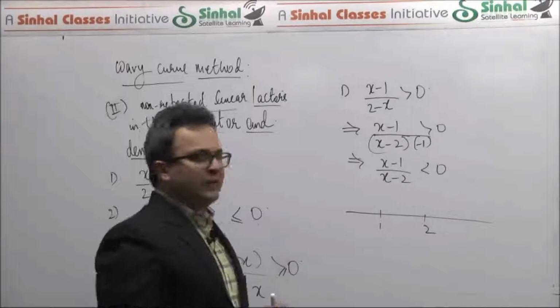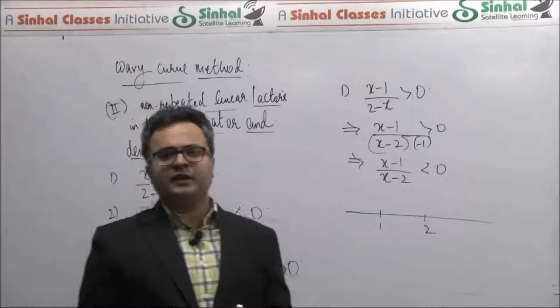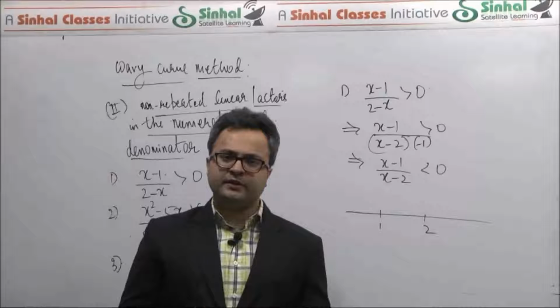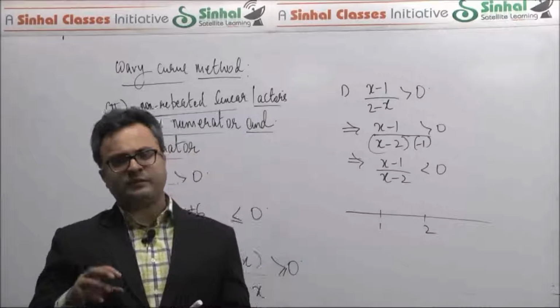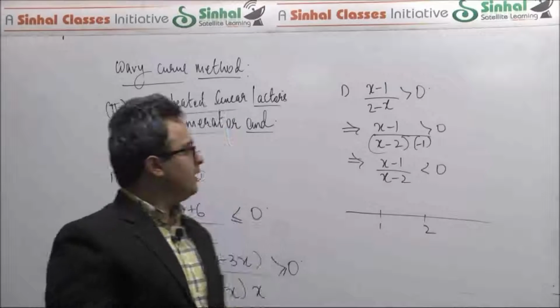So this is pretty much the only additional step that has to be taken care of when non-repeated linear factors are present in the denominator: critical points which come from the denominator must never be included in the final solution set.